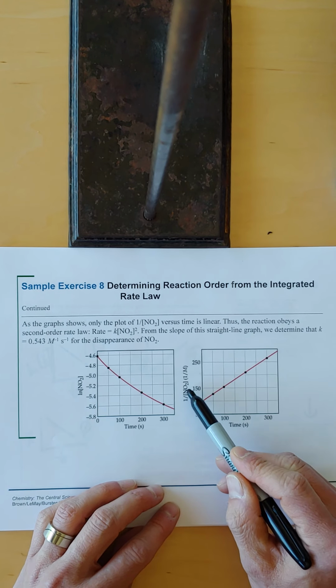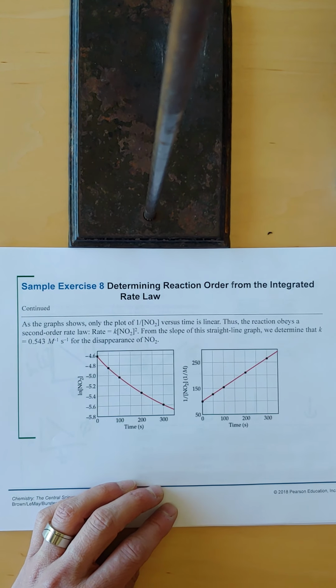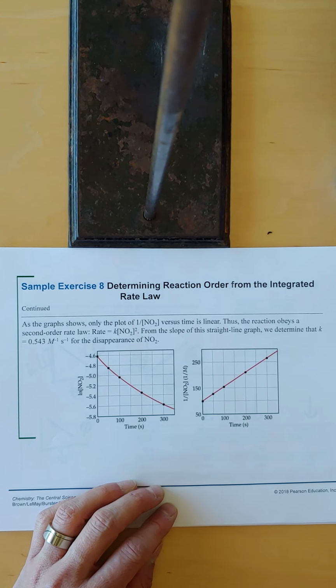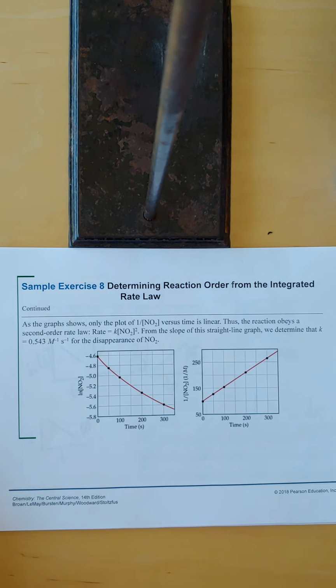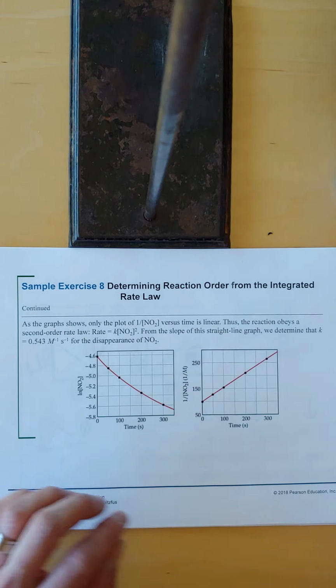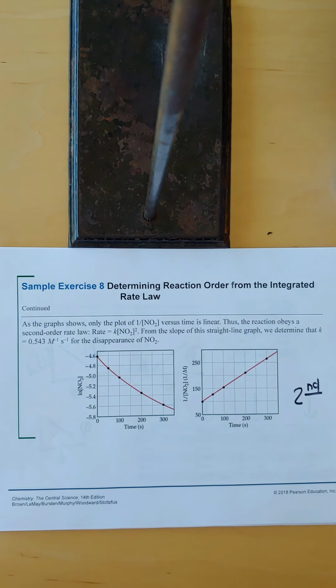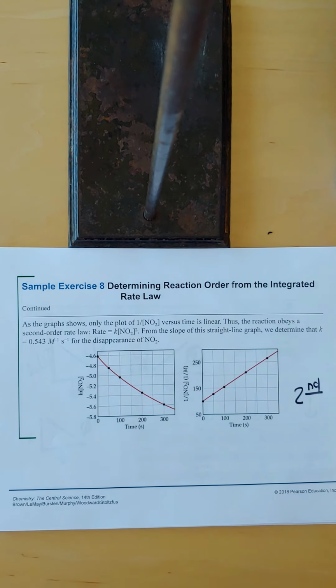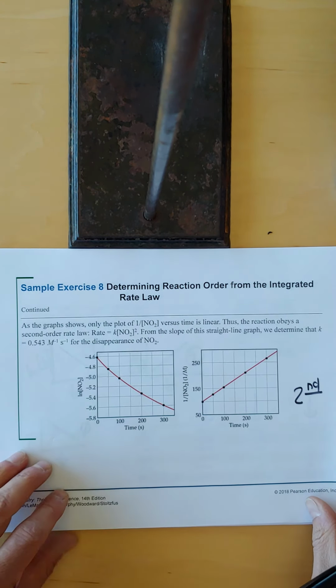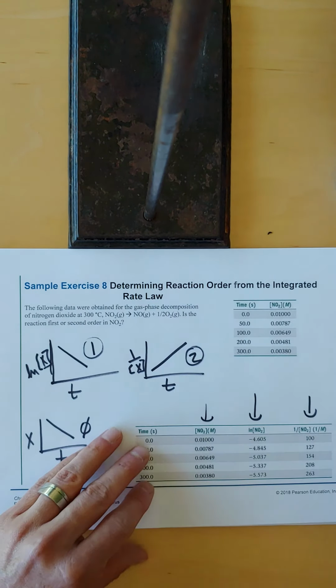But 1 over the concentration versus time gives me a straight line. So knowing that, I know that this is a second order reaction, just simply by looking at the graphical data. Okay? So there you go.